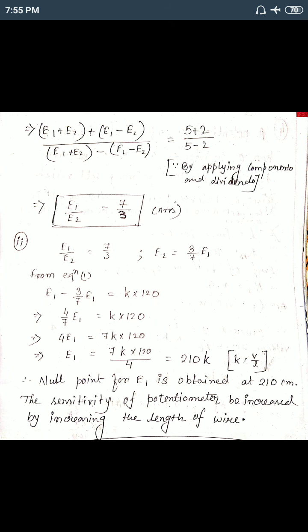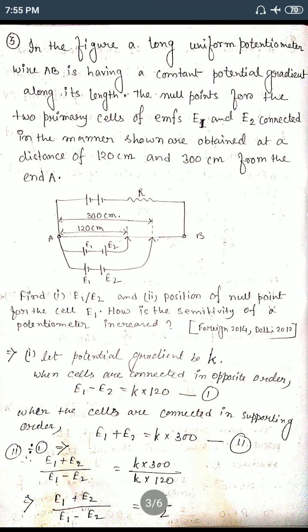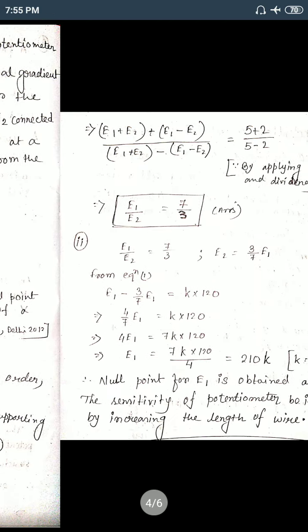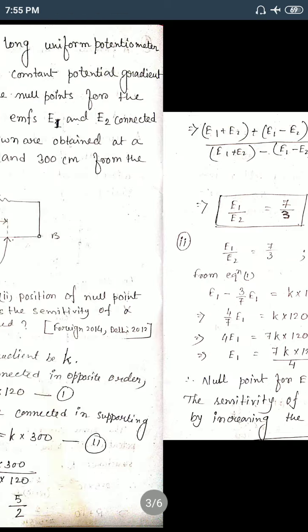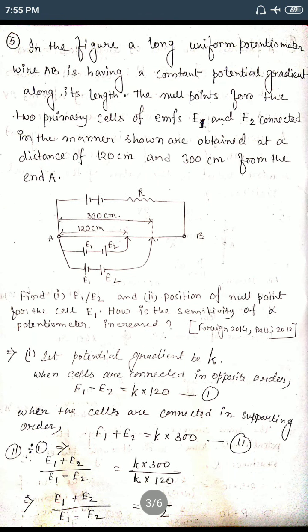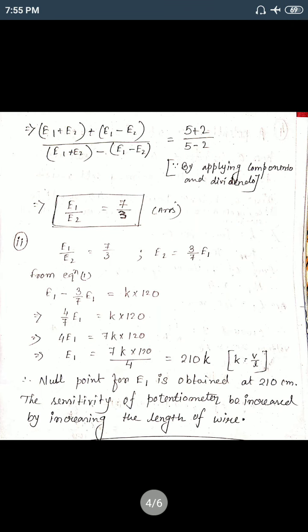Now we find out the null point for the cell E1. From this ratio E1 by E2, we can write E2 equals 3 by 7 into E1. Now, from equation 1, E1 minus E2 equals K into 120. Or you can also use equation number 2, but I will use equation number 1.